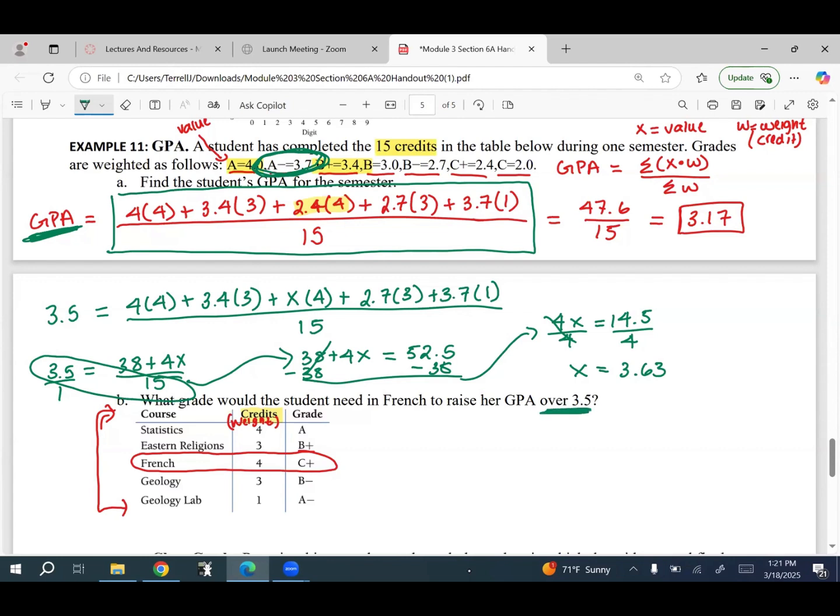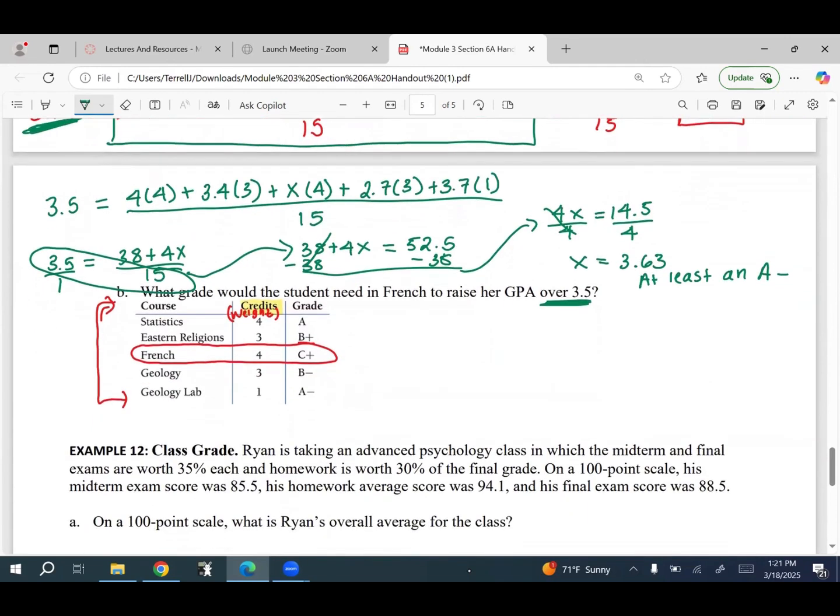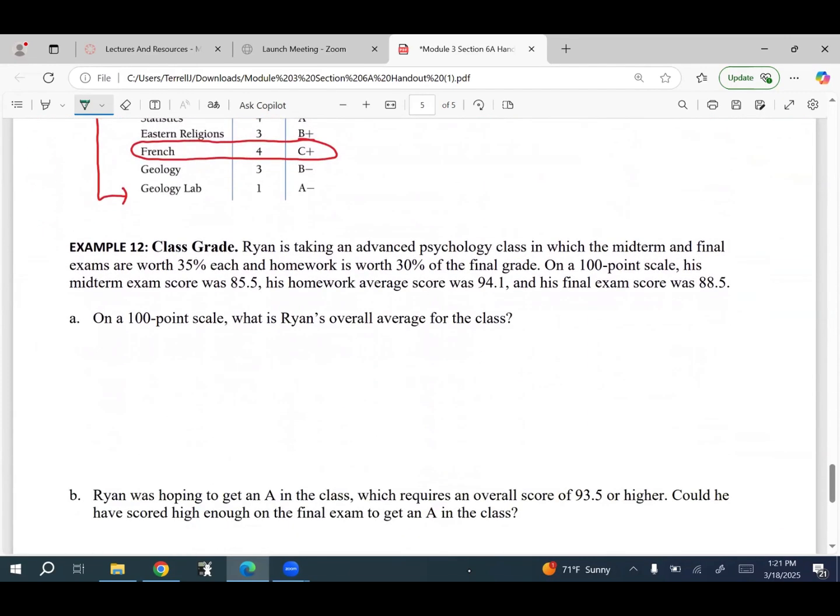So she needs at least an A minus, because an A minus means 3.7. And if she put a 3.7 in there, we would get over 3.5. Let's look at the next one.